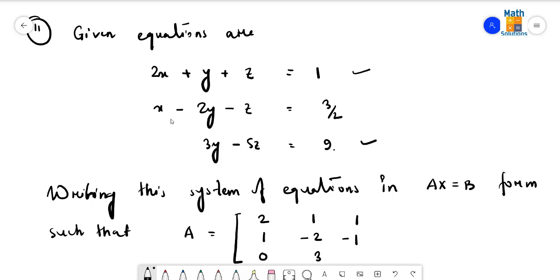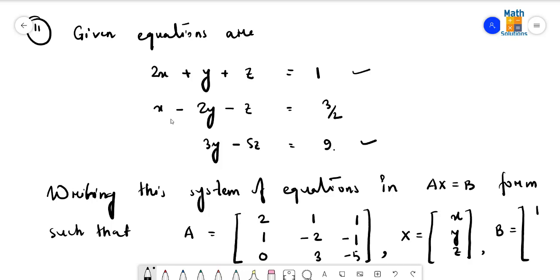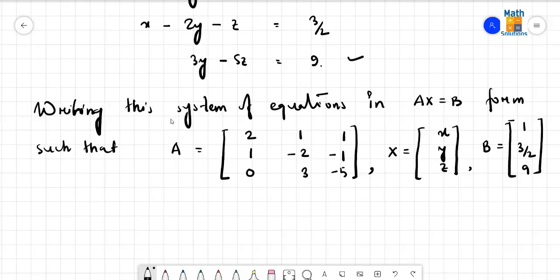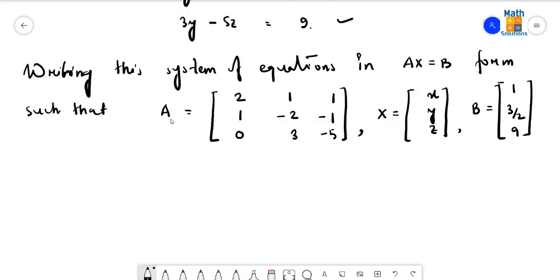Then here it is 3, then after minus 5. After this I get the matrix X as x, y, z. Then the constant matrix will be 1, then 3 by 2, then 9. So these are the respective terms we got here.